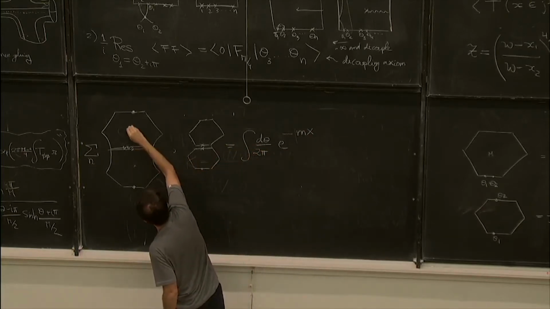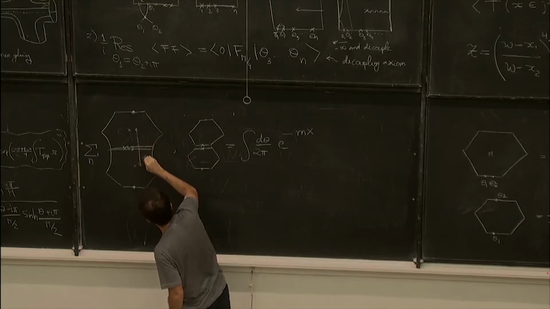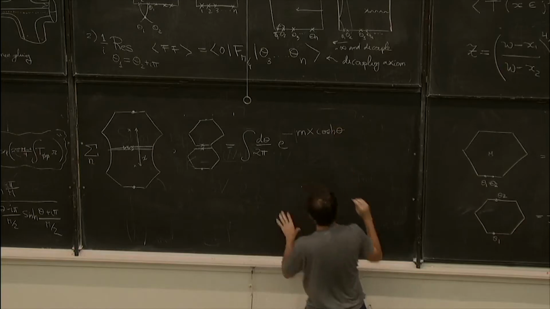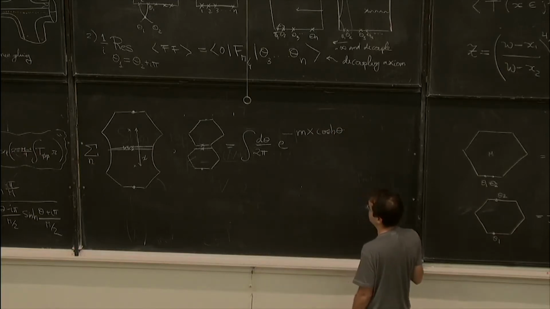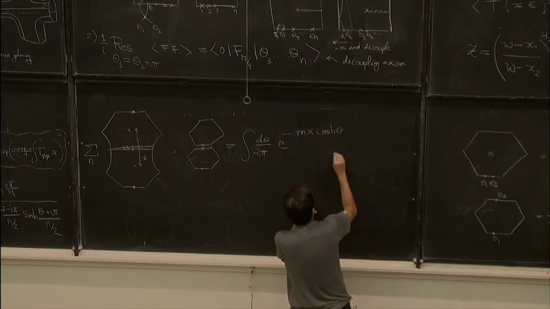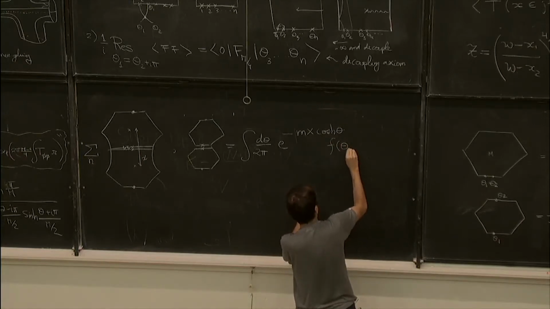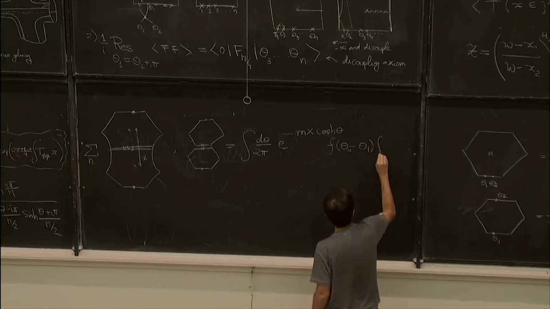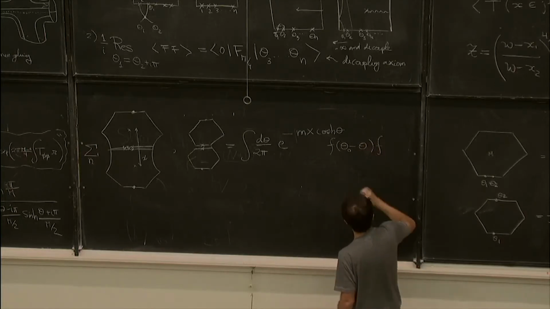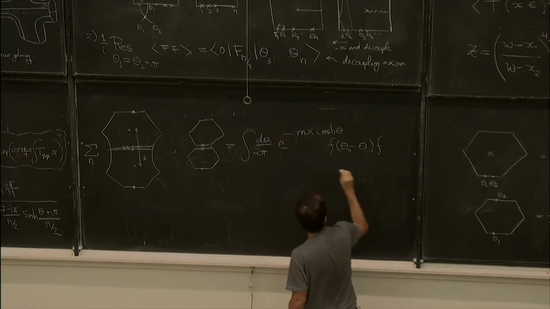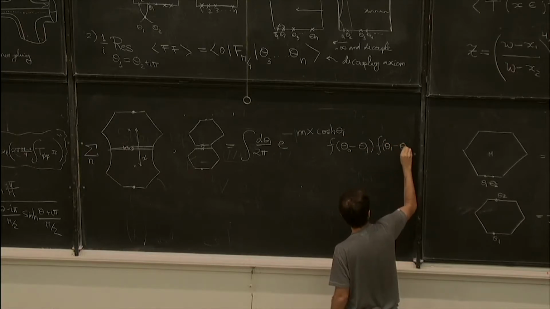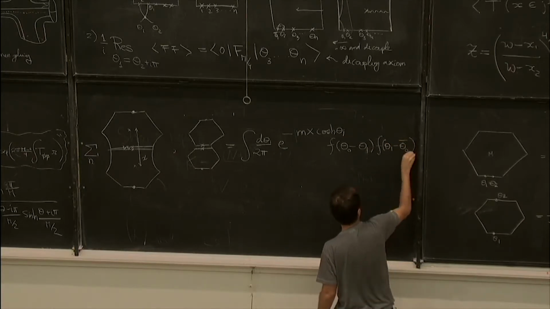They are separated by some time x, times the energy, which would be cos of theta for this particle, times the form factor for a particle in the bottom, theta 0, interacting with theta 1, times f of theta 1 minus theta 0 at the top.